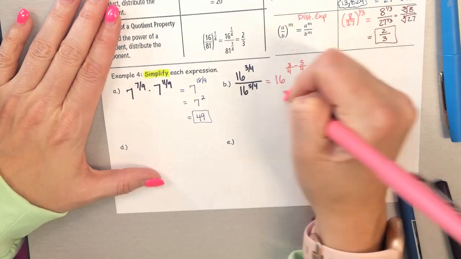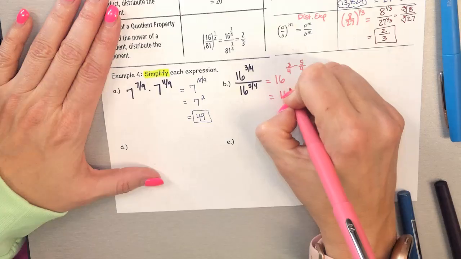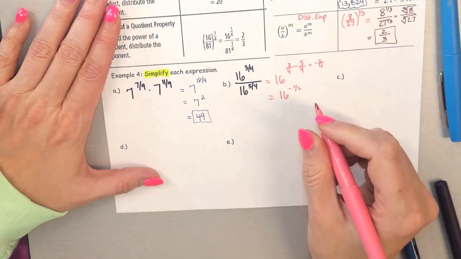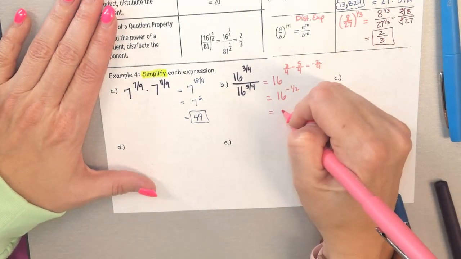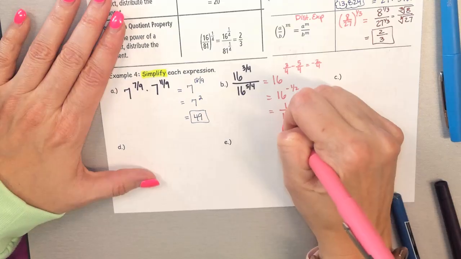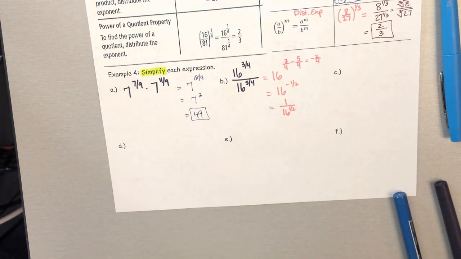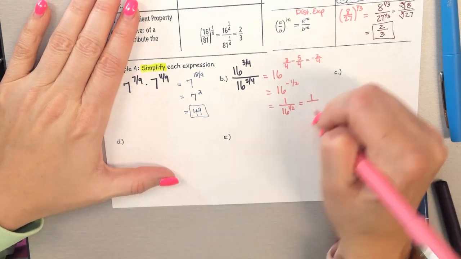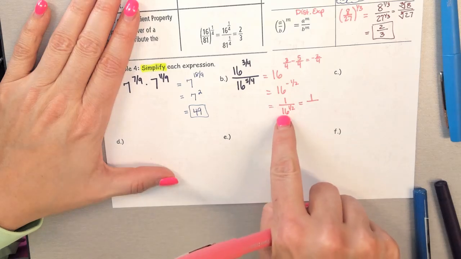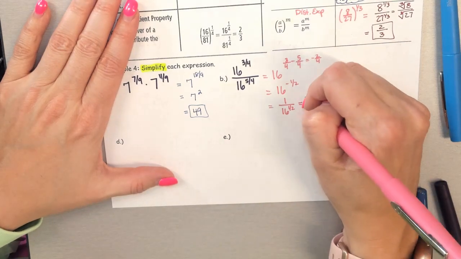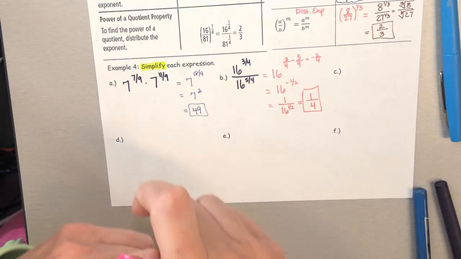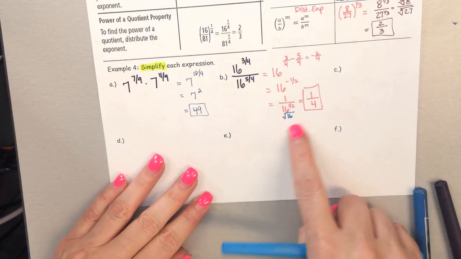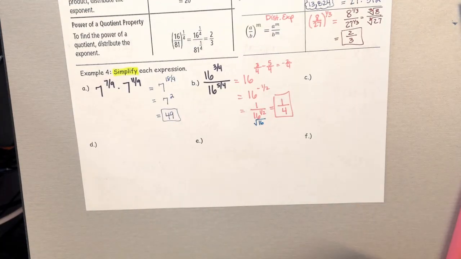Yeah, good. Okay, so negative 2/4, which will be negative 1/2. I'm going to write this here. Okay, so if you have 16 to the negative 1/2, we're going to put it underneath the 1, and then you can decide where you would like to go. If you keep recognizing that that's the square root, what's the square root of 16? 4, okay? If you are a visual learner, then you might like just seeing that square root, like writing it and then showing that, and that is fine too.